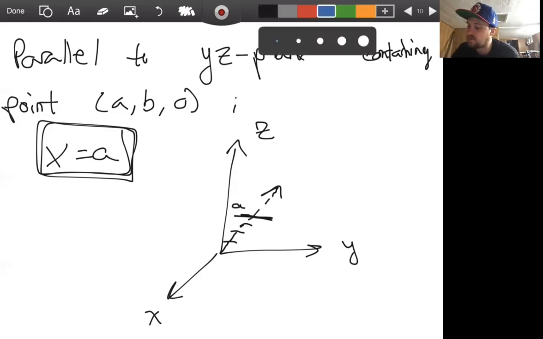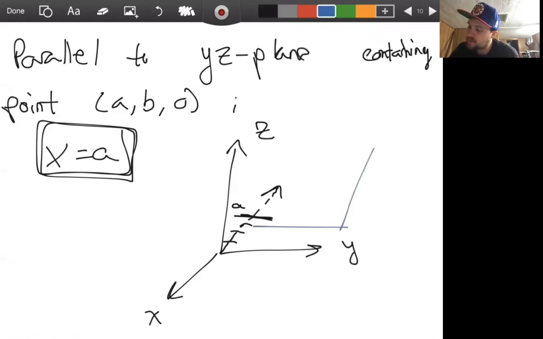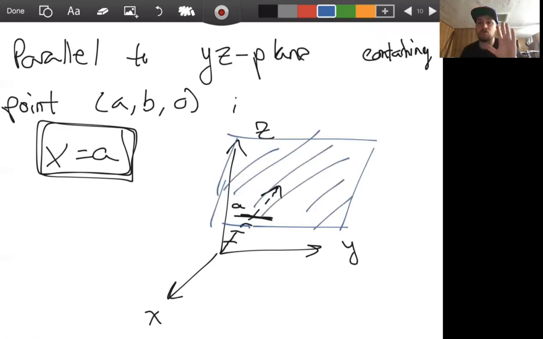And so the plane X equals A is a parallel copy of the YZ plane, which is your screen, but it's shifted back A units. And if A was a positive number, it would be shifted towards you A units.